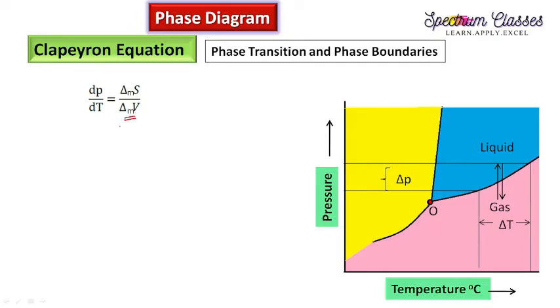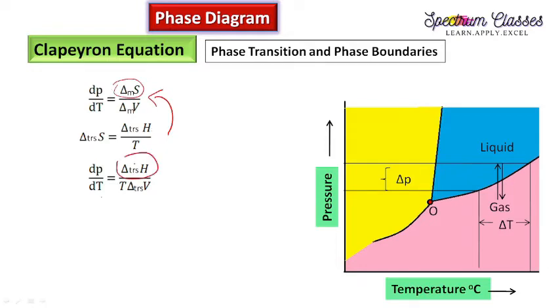The entropy of transition is equal to the enthalpy of transition upon T, or sometimes you may know it as dq upon T. If we put this value in the equation, we get dP upon dT equals, instead of delta S transition, delta H transition upon T, all over delta V transition.